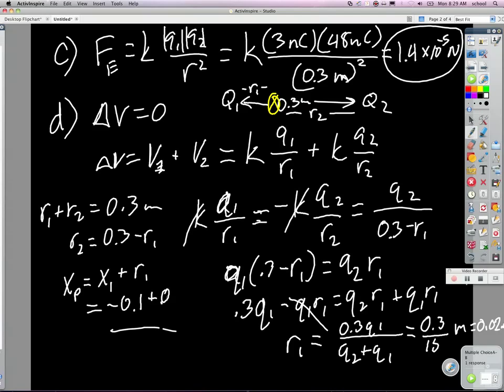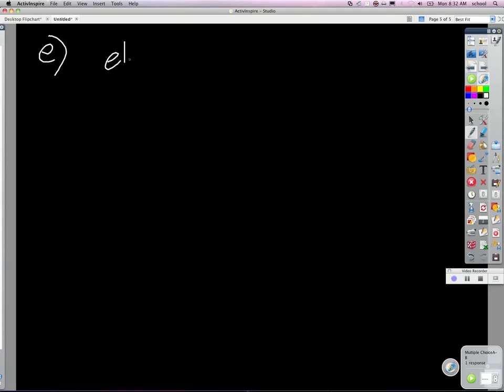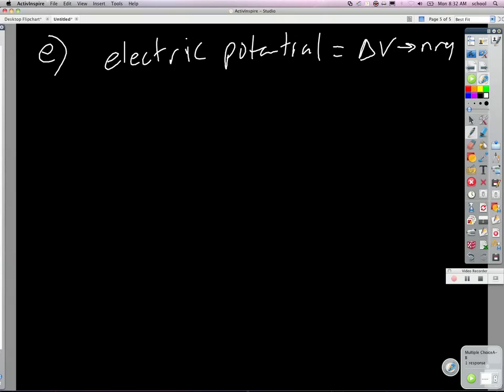But that means that energy is 0. If I have some charge and I have another charge here, Q2 and Q1, and I pull this away, let's say this one's a plus and this is a minus, do you see that that's going to do some work? So energy is involved in that.